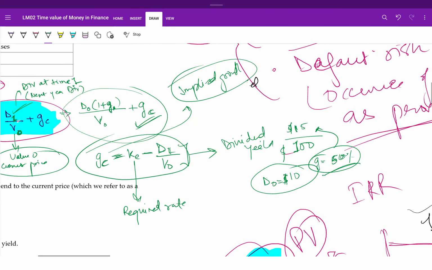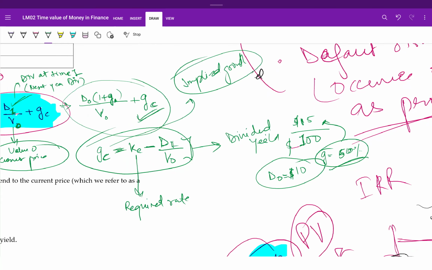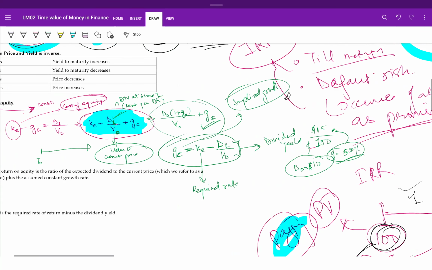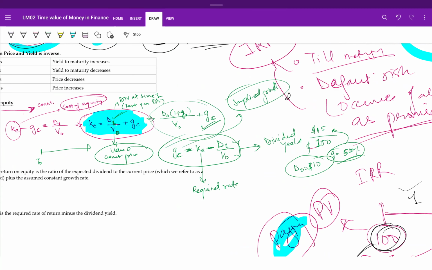I think this is going to give us a negative number, so this would be the wrong logic to apply here. I hope you have understood what implied growth means and what the growth means.